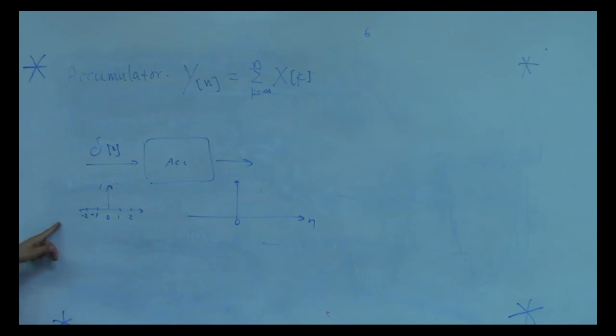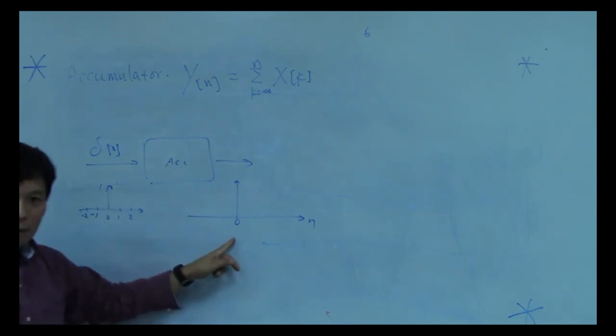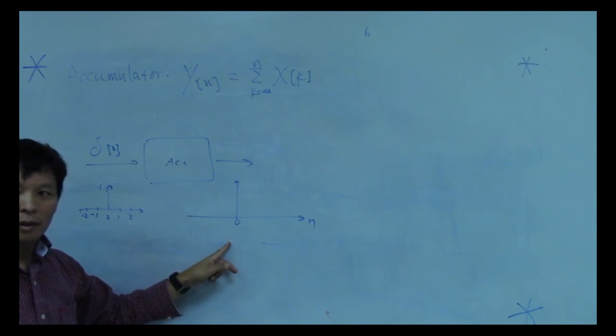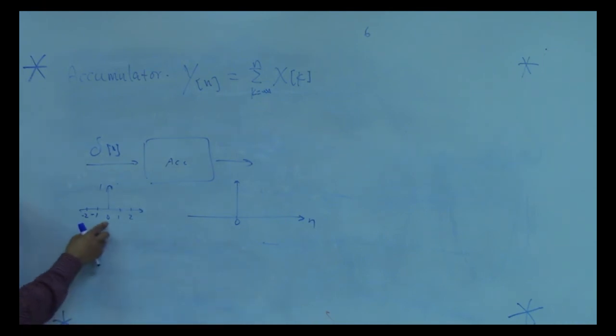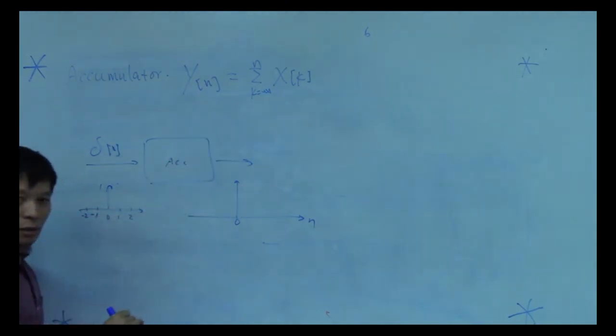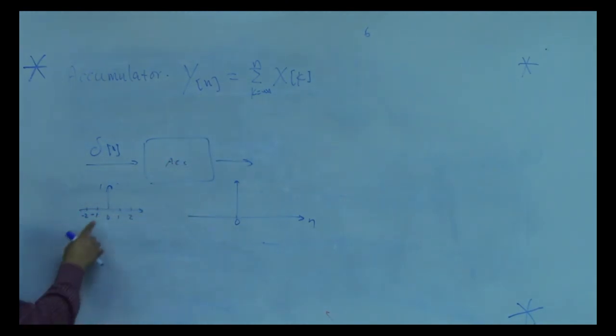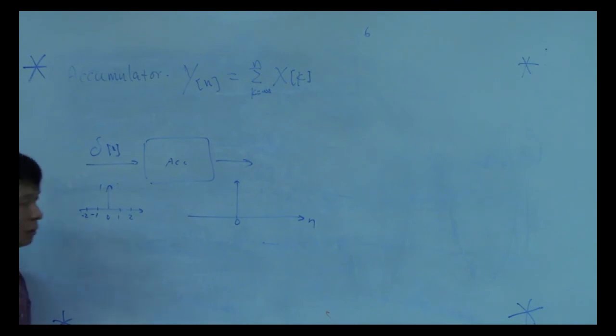All these values back to 0. So what do we have? All the input from 0 all the way back to negative infinity. So still 1 because all others equal 0, right? So we got only 1.